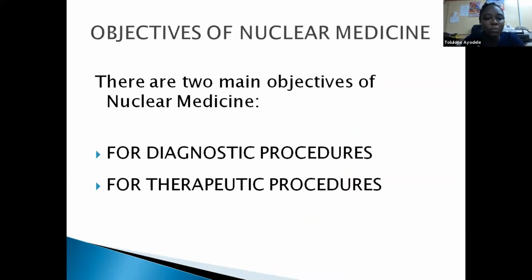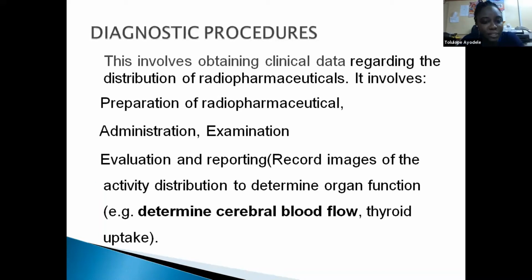Nuclear medicine has two objectives. It's used for diagnostic purposes and therapeutic purposes. It involves a situation whereby once the radionuclide has been administered, injected into the body of a patient intravenously, or swallowed, taken orally maybe via a capsule, the patient is examined and evaluated.